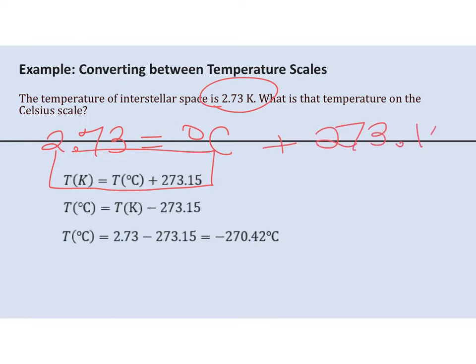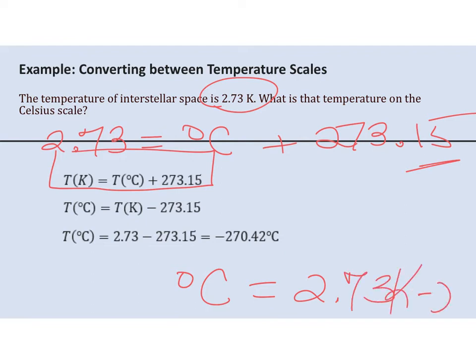And I don't really care if you have the 0.5, it can just be 273 rounded as a whole number. And then just rearrange, okay? Degrees Celsius equals 2.73 Kelvin minus 273. So the Celsius number you're going to get is a negative number.